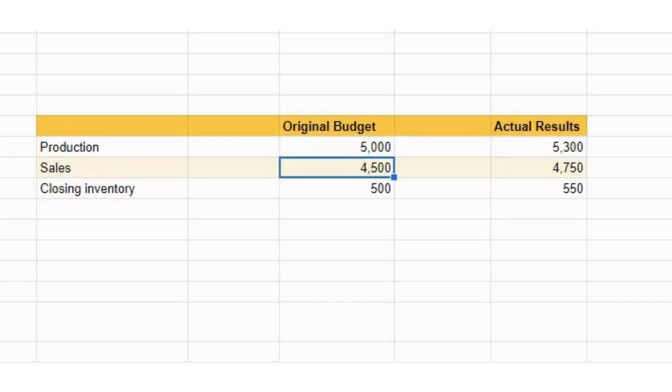The sales budget was 4,500 units, and the actual sales was 4,750, an extra 250 units sold. The closing inventory was budgeted to be 500 units, and because production made a little bit more, even though a little bit more was sold, the closing inventory is 550 units.